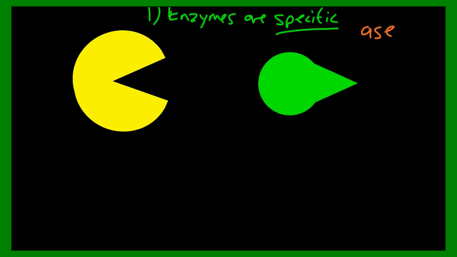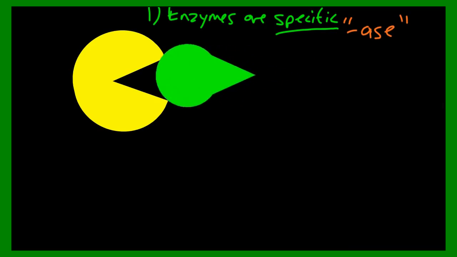If you see an ACE ending on a molecule, it's probably an enzyme. Enzymes are specific, and this is a Pac-manase enzyme because it looks like Pac-Man. This molecule will not be used by that enzyme if that's the way that molecule works.